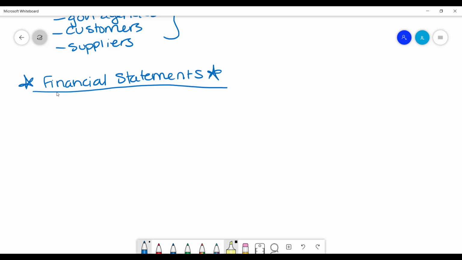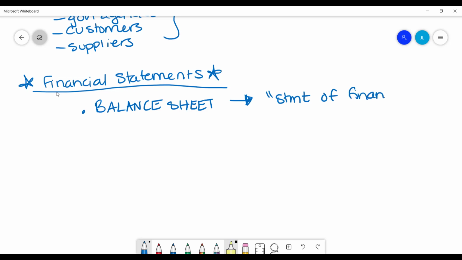We're not going to go into depth in this chapter, but we're going to go into depth pretty soon. Okay, one of our primary financial statements is the balance sheet. Another name or phrase for the balance sheet is the statement of financial position.